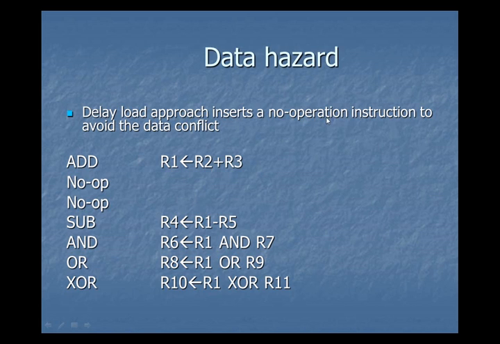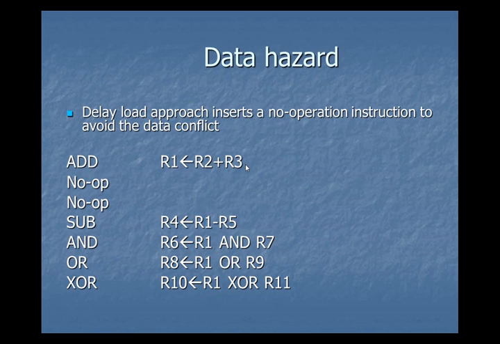The delay load approach inserts a no operation instruction to avoid the data conflict. That is your data hazard. First of all, add, that is R1 plus R3 going to R1, then R1 minus R5 going to R4, the same operation. There is no operation between the add and the subtract, so there is a delay between the add and the subtract.